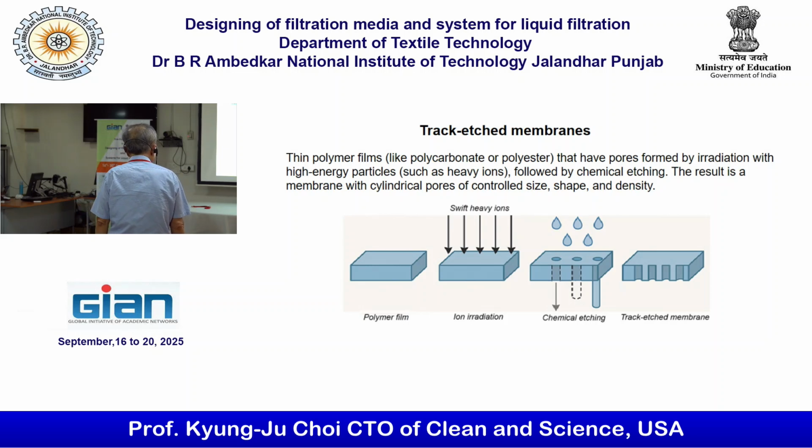Swift heavy ions make the holes. In polymeric film like polycarbonate or polyester, pores are formed by irradiation with high energy particles such as heavy ions, followed by chemical etching. The result is a membrane with cylindrical pores of controlled size, shape, and density.